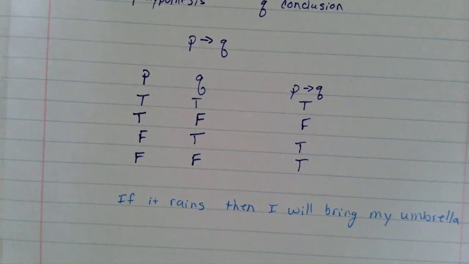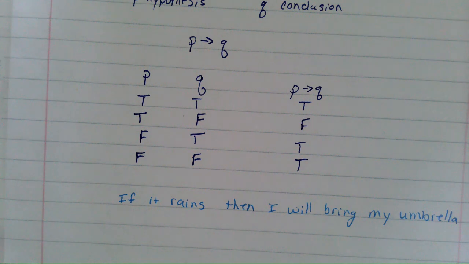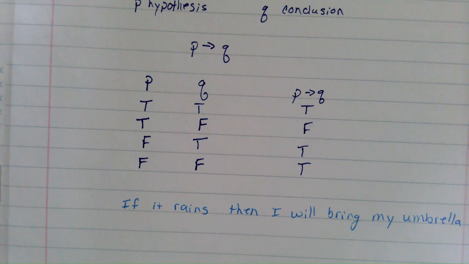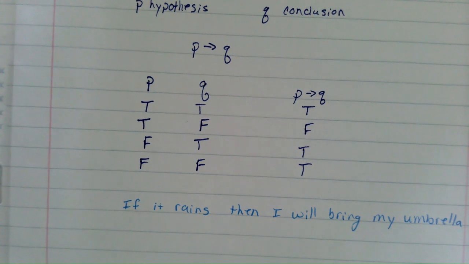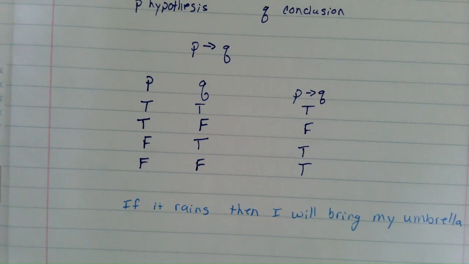So they let you go to the game anyways. Well, they were super nice. Maybe you did something else. Who knows? We don't know what happened in that situation. They only discuss what would happen if you cleaned your room. So conditional statements can only judge the outcome as true or false based off the hypothesis. Did the conclusion follow the hypothesis? It can't come into, well, there was this one time. Well, now we're violating our original condition.